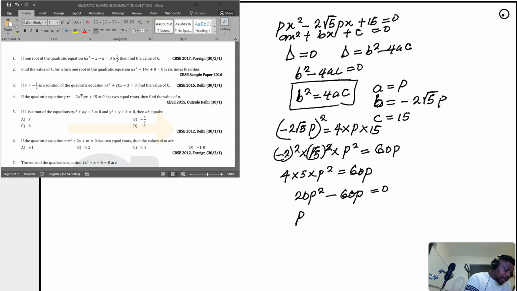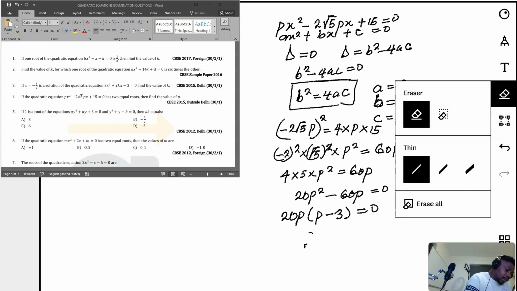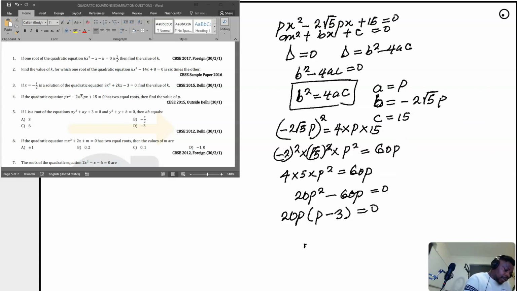So here 20p is common, so this will be p minus 3 equals 0. So I can divide through by 20p. So p minus 3 equals 0. So p is equal to 3.